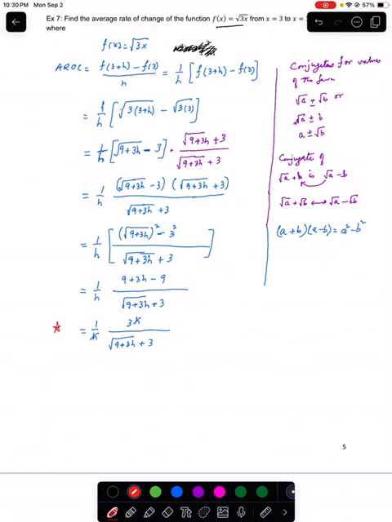There you go. So this is your star step, where you are able to cancel the h. Once you cancel the h, then you get the answer. So that is the value of the average rate of change.